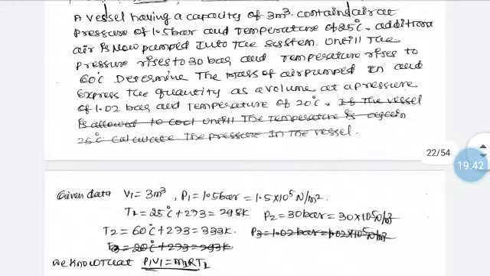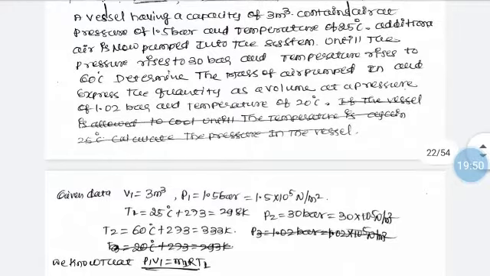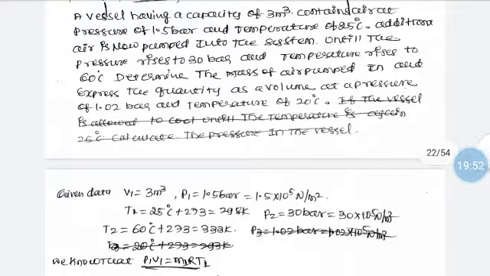Here what we have to find out is the mass of air pumped in, and express the quantity as a volume at a pressure of 1.2 bar and temperature of 20 degrees Celsius.